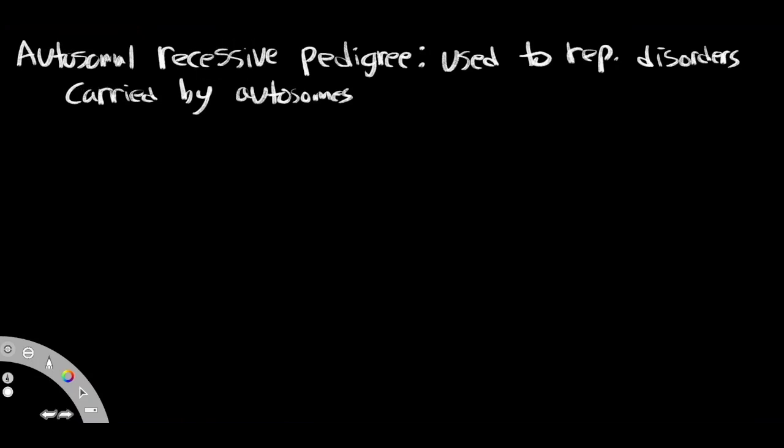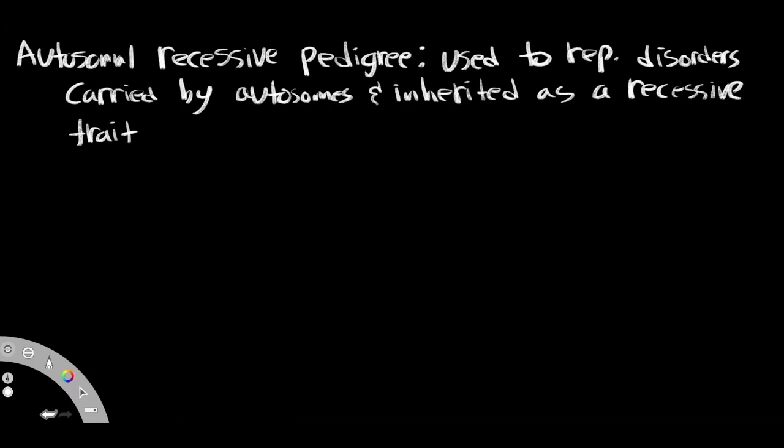But how about this recessive portion? It obviously means that it is inherited as a recessive trait. An important thing to note is, if this is the case, it often skips generations.